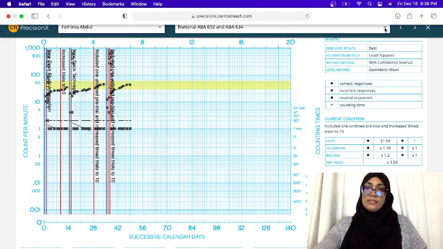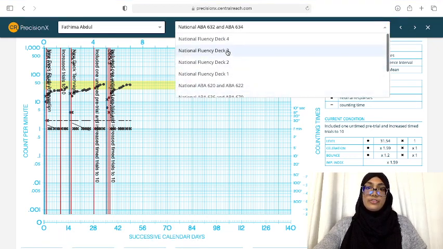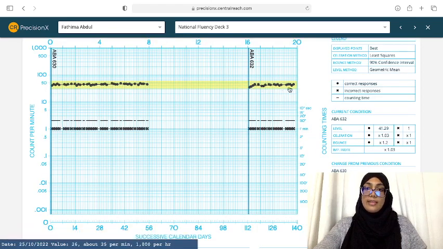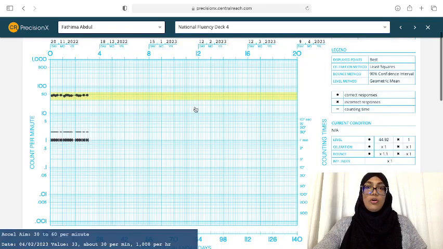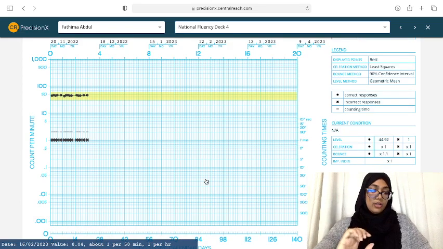Also, for ABA 632, I've had to plot my data on fluency deck 3 and fluency deck 4, in which you can see my ACEL data scores have been at a high level with low variability.